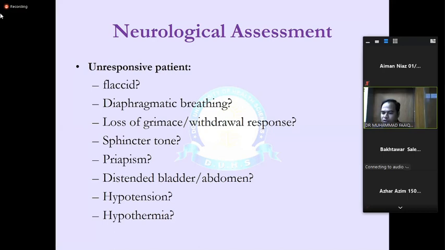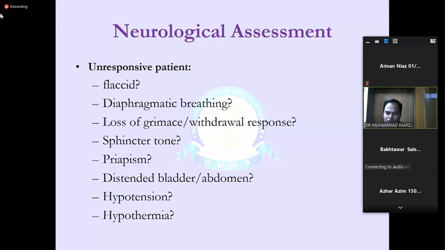Loss of sphincter tone, anal tone is lost, priapism, distended bladder or abdomen, hypotension because of spinal shock. So these are the signs which give you an impression that the patient may have spinal cord injury in an unconscious patient.